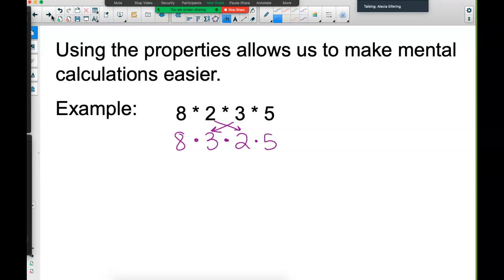Okay. So I switched the order of the numbers by using the commutative property. The commutative property says that's okay, you can do that. And then when Terry was explaining it, he still didn't do 8 times 3 times 2 times 5. He did this.